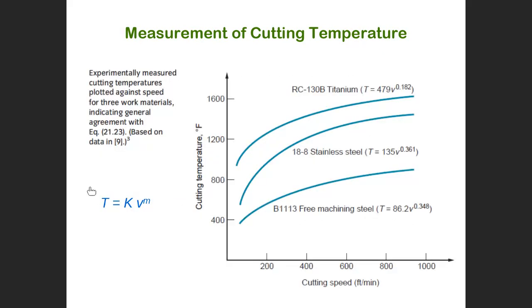This K and m value can be obtained. This is not very common, and it is not as accurate as the one we showed previously, but it is also being used.